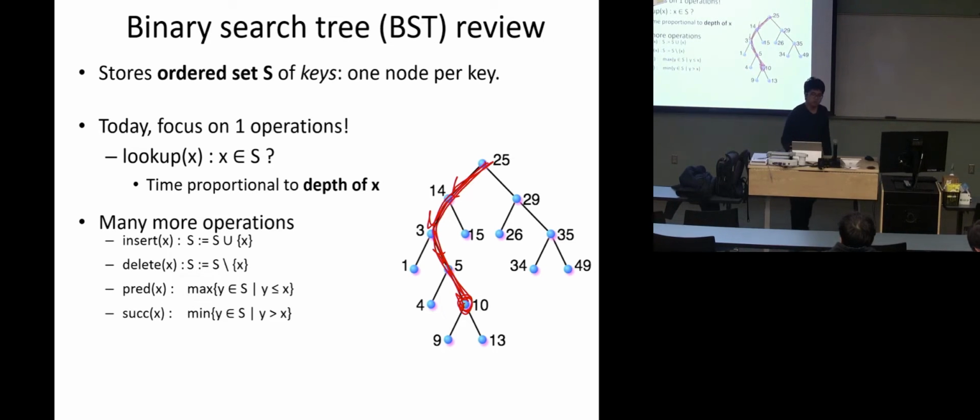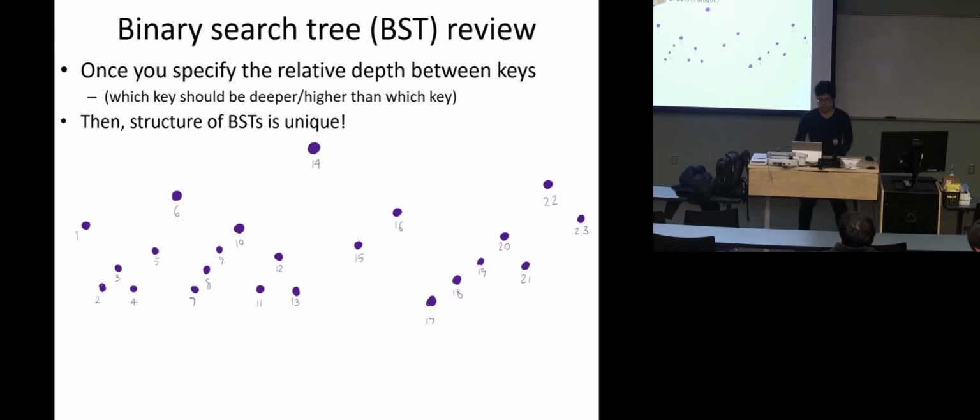Another thing that I want to mention is how to view a BST in a cleaner way. I'm not sure you have seen this. Once you have specified the relative depth between any keys, by relative depth I mean you say which key should be deeper or higher than another key, then the structure of the BST is determined, it is unique.